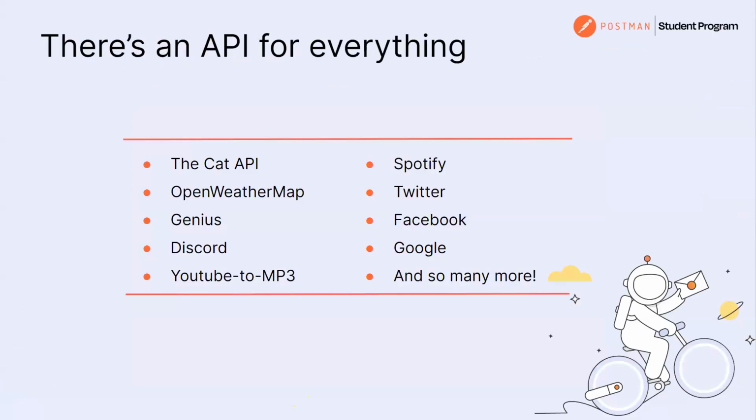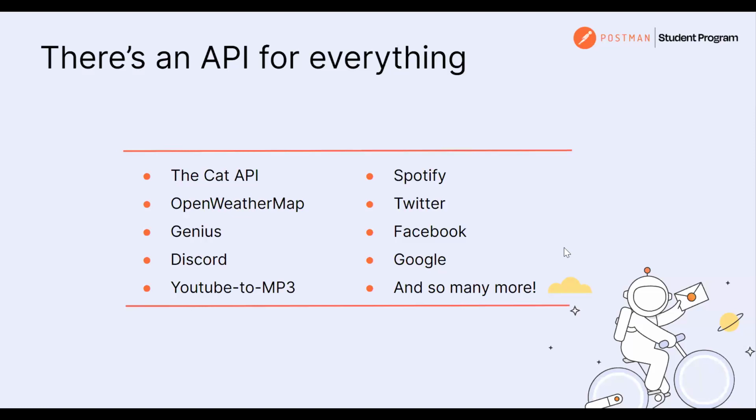So there is an API for everything. Like there is a Cat API. Nowadays, OpenAI has an API which is very much in trend right now. There are different AI APIs that we use to create chatbots, etc. Similarly, we have the Spotify API, Open Weather API, and Twitter, and each and everything has an API right now.